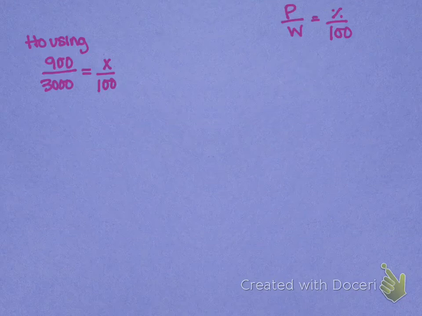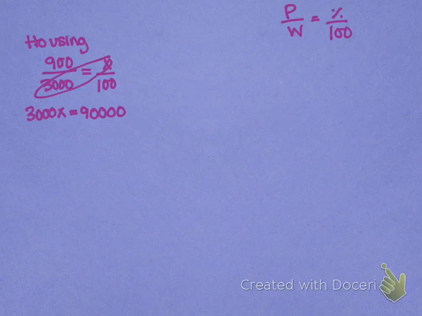Okay, so cross multiply, that's 3,000x equals 90,000.